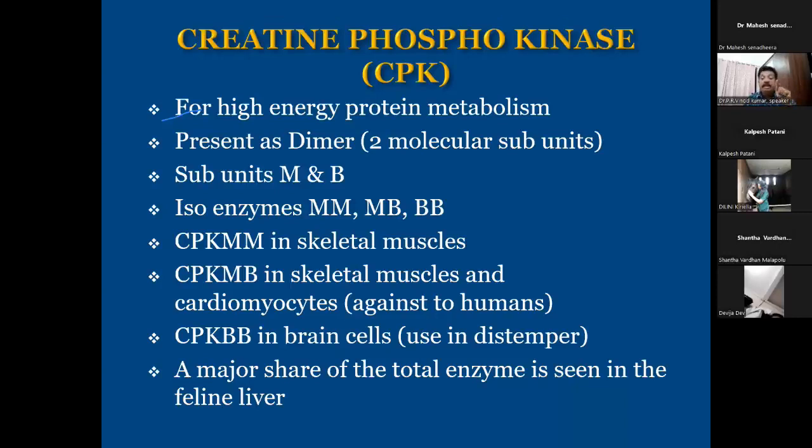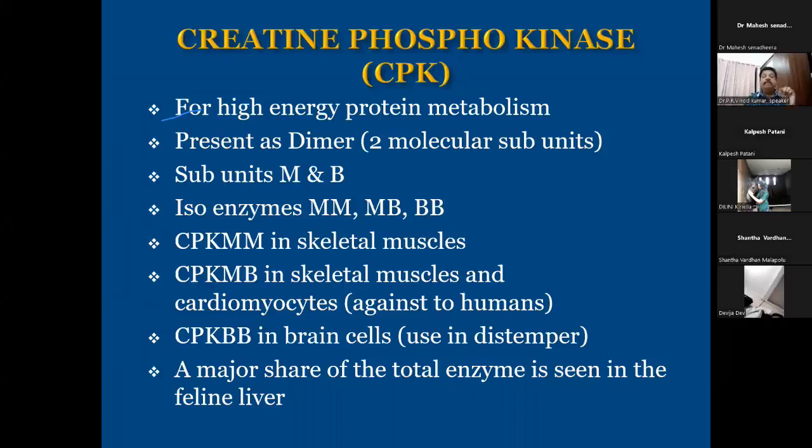They will take the CPK-MB level. That is very important because that is found especially in the cardiomyocytes. Almost 95% of the CPK-MB in human beings and dogs is found in the cardiomyocytes. CPK-MB isoenzyme can be said to be highly cardiomyocyte specific.